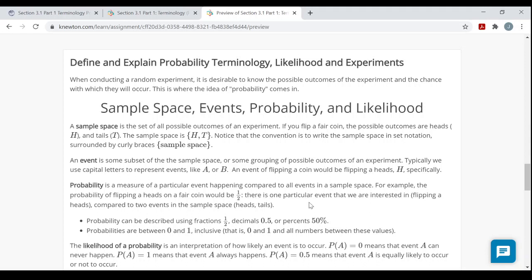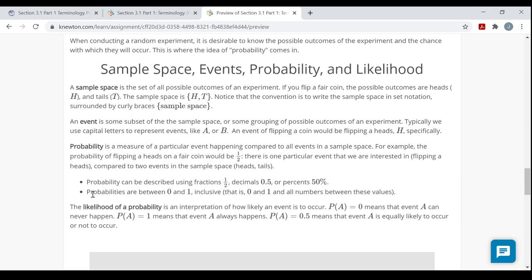One particular event that we are interested in, flipping a heads, compared to 2 events in the sample space. So 1 out of 2, 1/2, 50%, 0.5. You can write it in all these ways. Probability can be described using fractions, decimals, or percents.